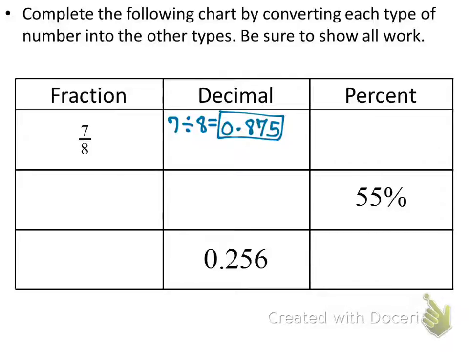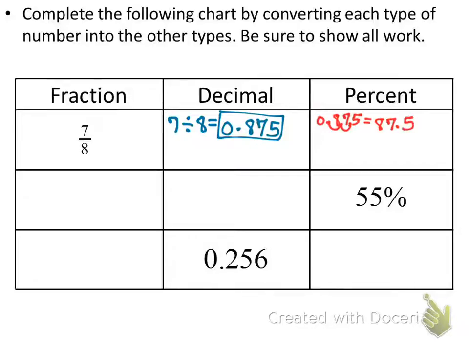Why is it easier to go a decimal to a percent rather than a fraction to a percent? You can just move the decimal over 2, yeah? Yeah, it's basically one step, right? But if I do a fraction to a percent, it's going to be 2 steps. Because first I have to change the fraction to a decimal, then the decimal to a percent. So, 2 ways I can change a decimal to a percent. You guys said you could take 0.875 and move the decimal to the right 2 spots. 1, 2, which would get me? 87.5.